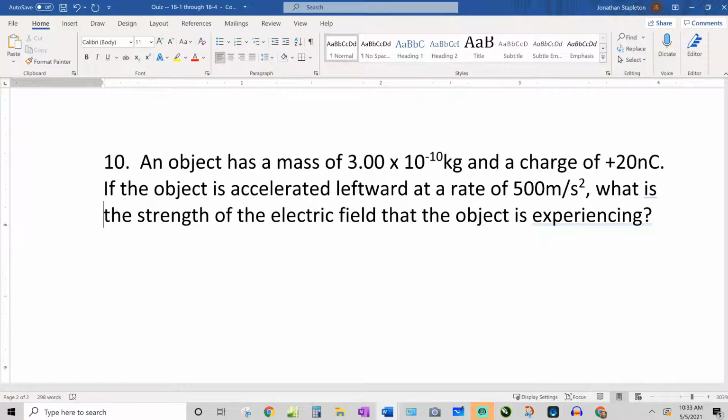If the object is accelerated leftward at a rate of 500 meters per second squared, what is the strength of the electric field that the object is experiencing? So it should say accelerated leftward by the electrostatic force. So we can assume that it's the electrostatic force that is causing this. And you have to find the strength of the electric field. I'm going to get a new sheet of paper to do my work on.